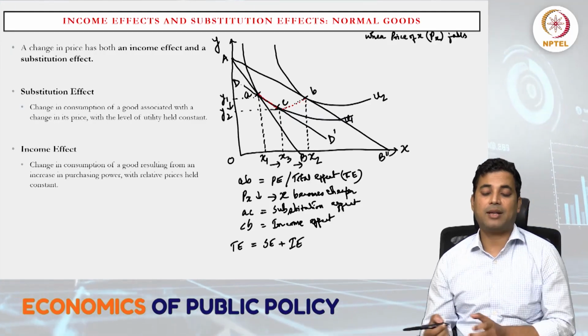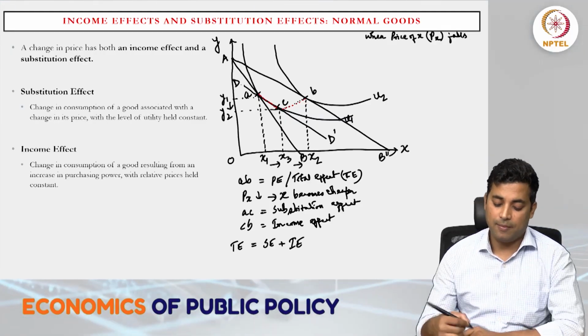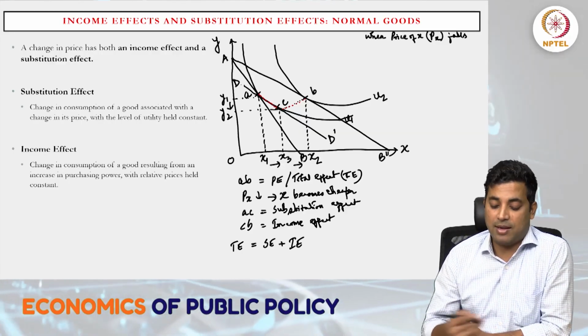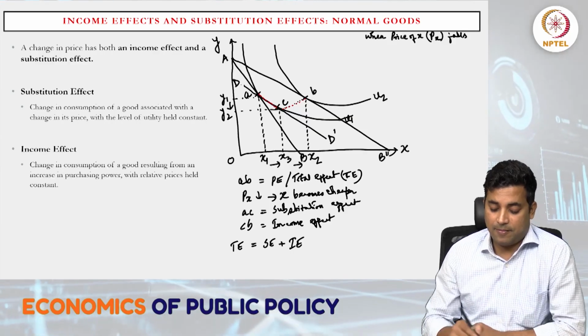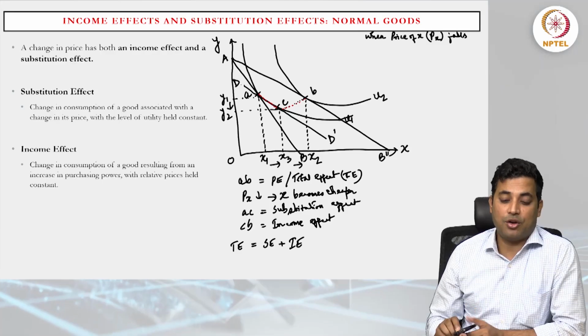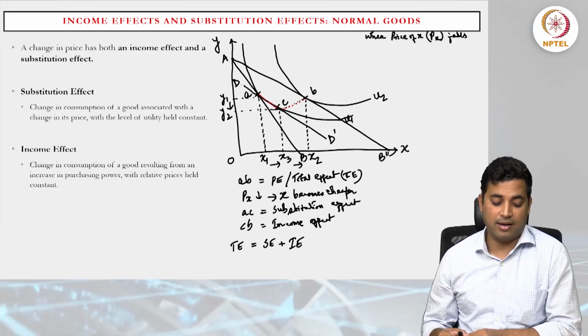We have to remember that in the case of normal goods, substitution effect and income effect both move in the same direction, and the total effect is a combination of the substitution effect and the income effect.